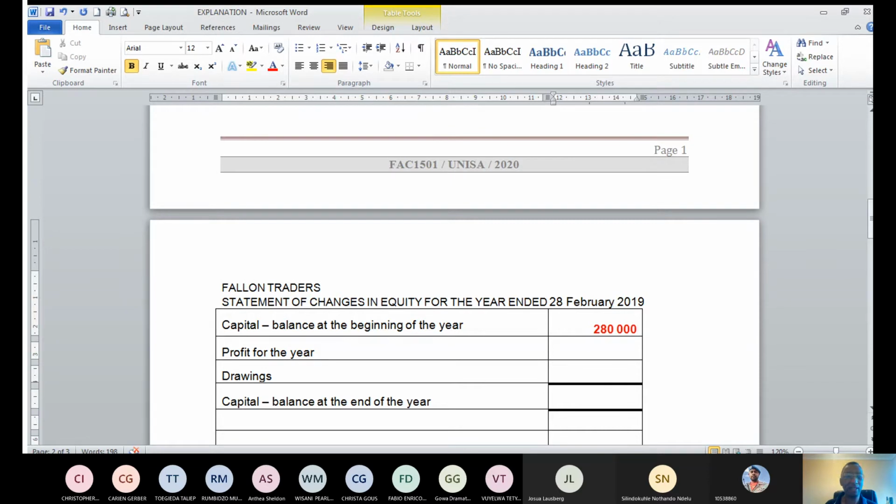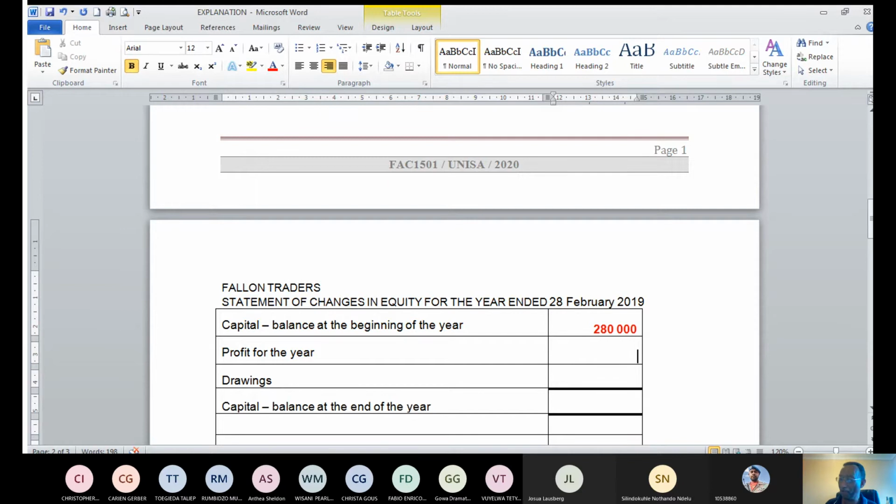So we don't have any additional information telling us that there were any increases or decreases to the capital, which means that the capital balance has remained constant during the course of the year. So the 280,000 rand that you see in your trial balance is therefore the opening balance of your capital, the value of capital at the beginning of the year.